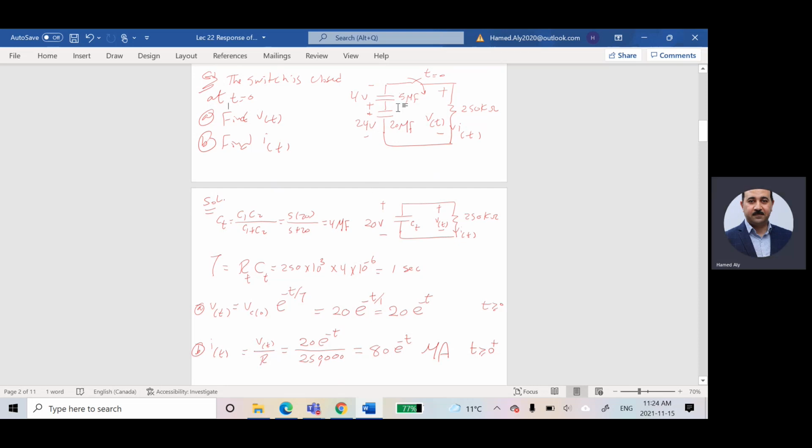And you will say the voltage across this will be equal to 1 over C integral of I dt, plus or minus the initial voltage based on the polarities of the voltage. In the same way, I can do that for 20 microfarad. So if you would like to find the voltage across each capacitor, you don't have a choice. You have to use the equation that we have already studied for the voltage across the capacitor, which is 1 over C integral of I dt plus the initial voltage based on its polarity.